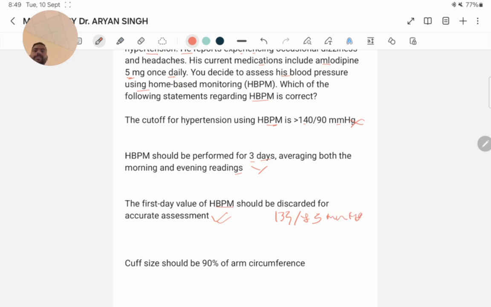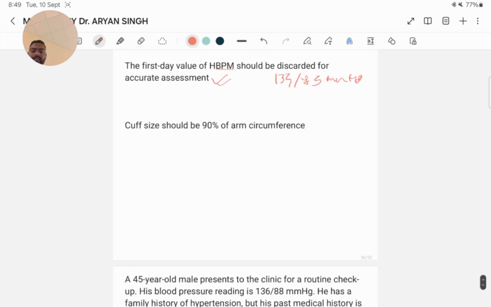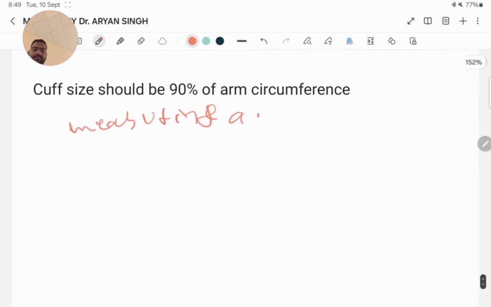HBPM involves measuring BP twice daily, morning and evening, for 7 days. The first day value is discarded and the average of the remaining 6 days is calculated.